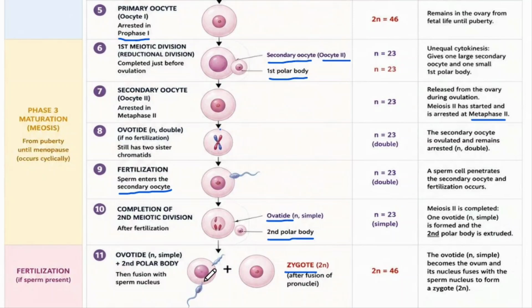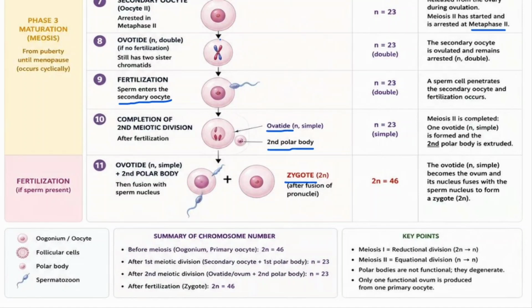Since each gamete contributes 23 chromosomes, the resulting zygote contains 46 chromosomes, which means 2n. This zygote is the first cell of a new individual and will begin dividing by mitosis.